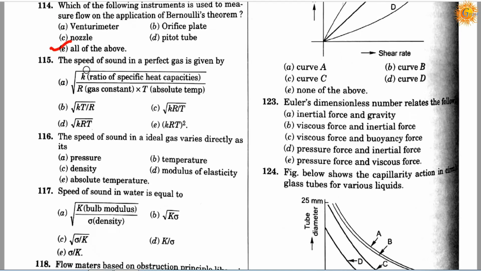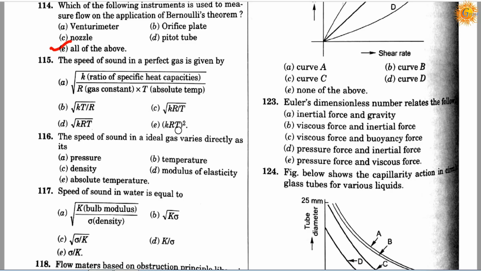Question number 115. The speed of sound in a perfect gas is given by, option A, under root of K, where K means ratio of specific heat capacities, upon capital R means gas constant into capital T means absolute temperature; option B is under root of KT upon R; option C is under root of KR upon T; option D is under root of KRT; and option E is KRT whole square.